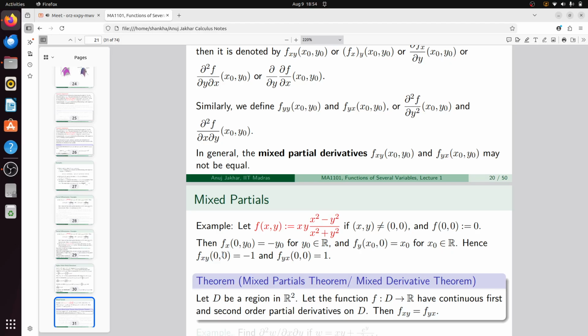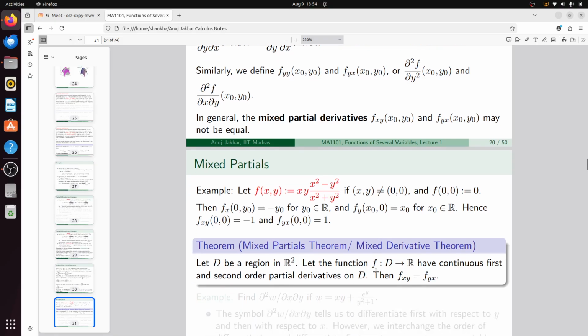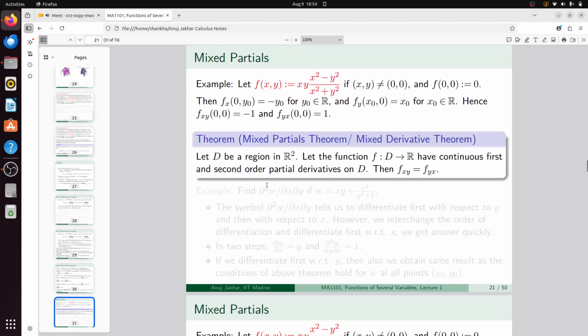You will get the answers as minus 1 and 1. This is a home task that you can solve easily. Now the mixed partial theorem, or mixed derivative theorem; I am not interested in the proof.